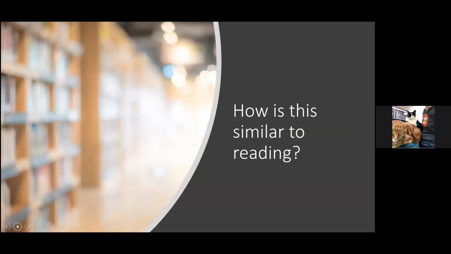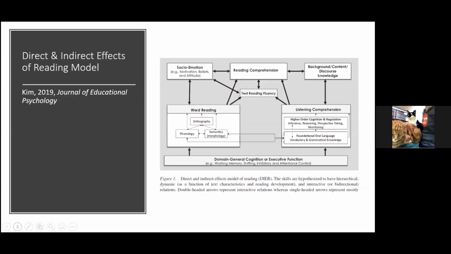All right, so thinking about how this then relates to reading, I'm pulling up Young-Suk Kim, who also researched and collected data on a whole bunch of kids in both grades 2 and 4, and looked at a variety of variables and how they interacted with each other.